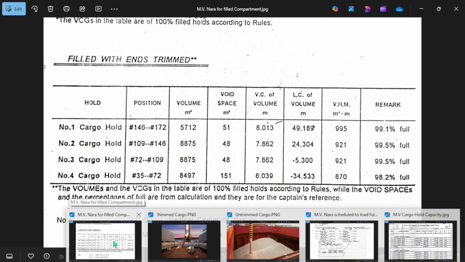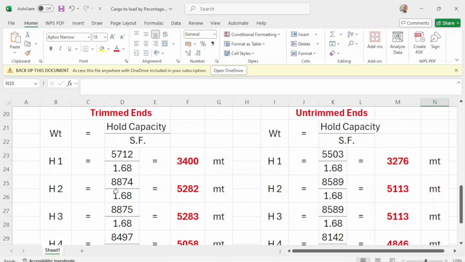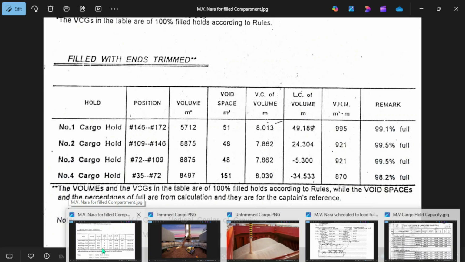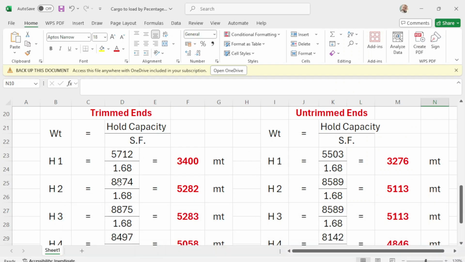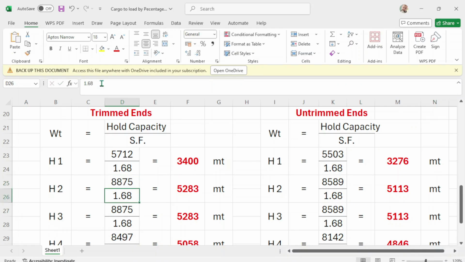Okay, number 1, 5712. And number 2 is 8875.